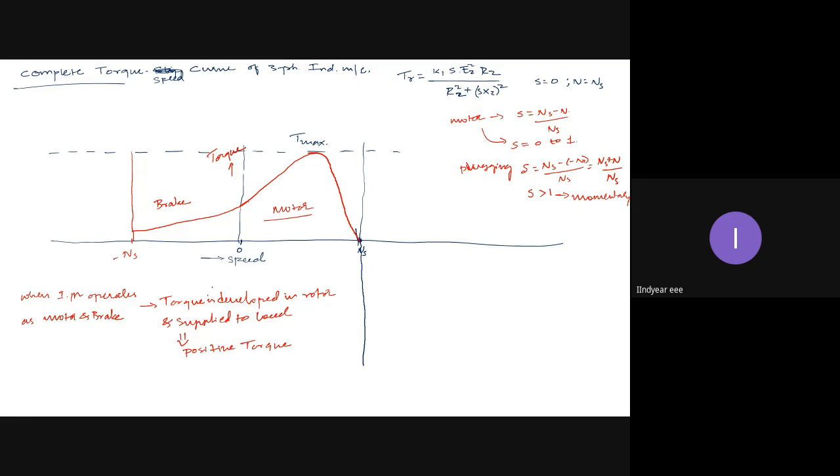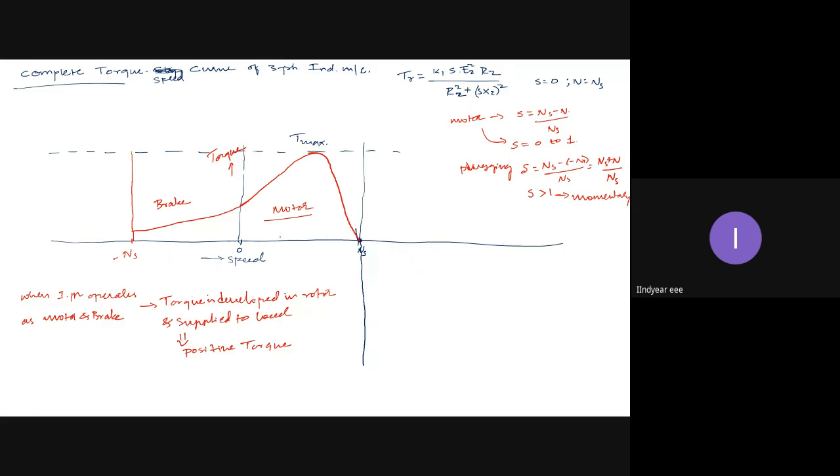Now when the machine is operating as generator, we are giving external mechanical energy to the rotor. Therefore, the torque is now supplied from the external source to the rotor. The direction of torque is not from the rotor to the load, but from the prime mover to the rotor. Hence, the direction of torque is negative.